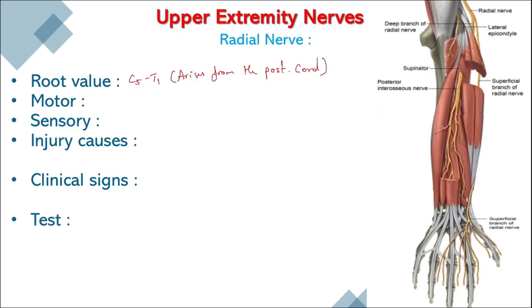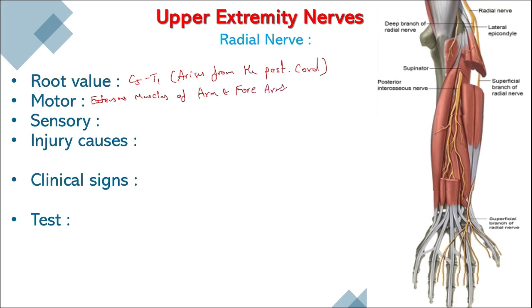Now in this image, the radial nerve innervates mostly the extensor muscles, the extensors of the arm and forearm.